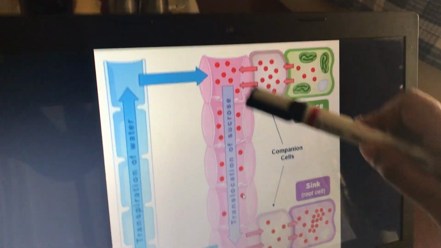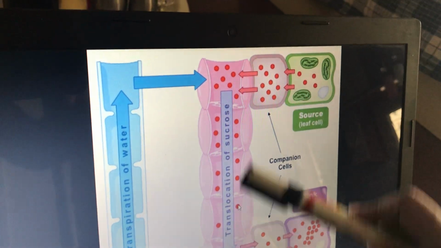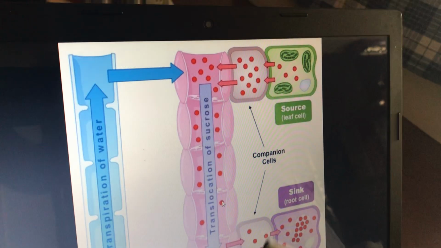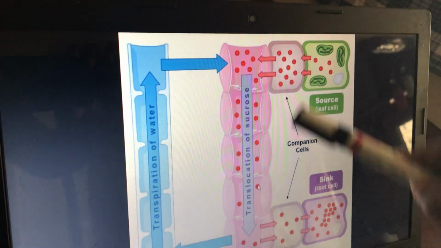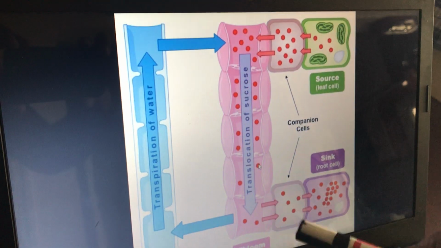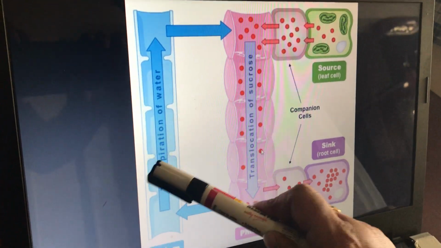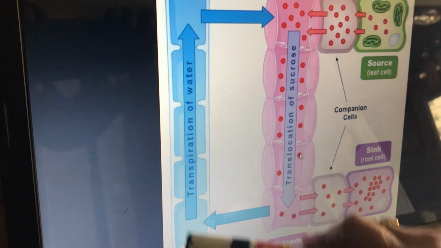You can see here, can you say what is this? I have already shown you. This is the sieve tube of the phloem, and these are the companion cells of the phloem. In this whole diagram, this part is the sieve tube of the phloem, and this blue color is the xylem vessel.